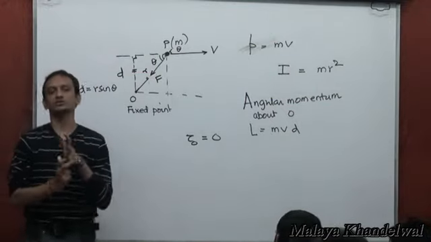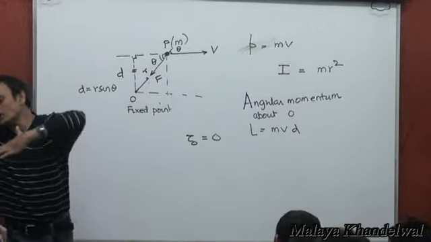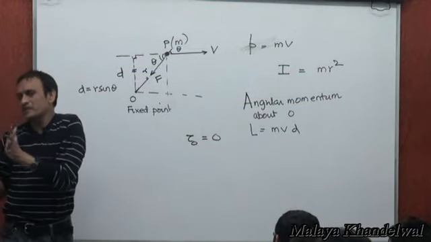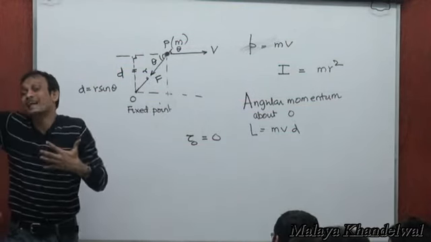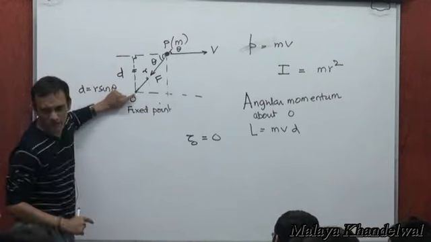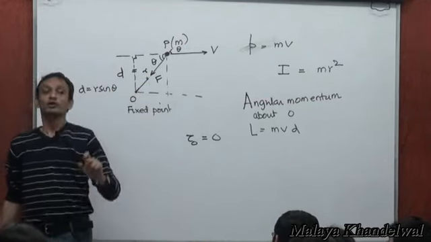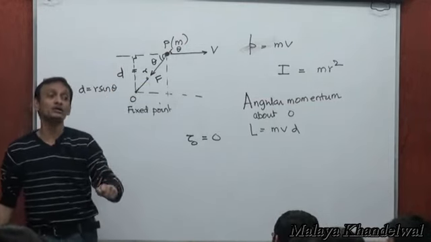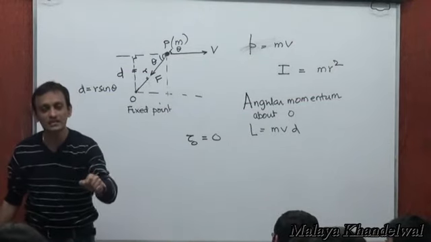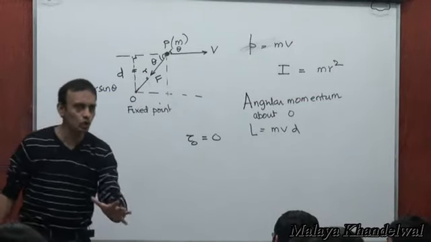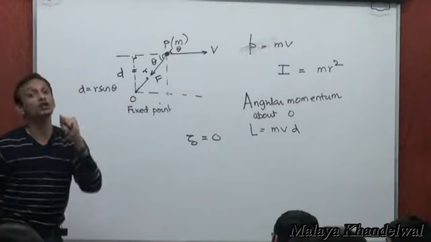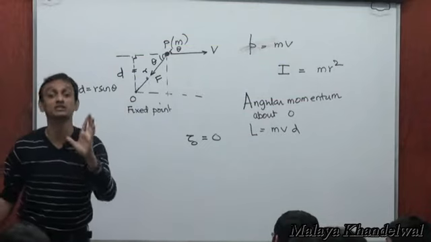And once this happens, if at all times the particle is being acted upon by a force whose line of action always passes through the fixed point O, then the torque acting on the particle about O at every instant is going to be 0. And when the torque about O is 0, then the angular momentum of the particle remains conserved all the time.